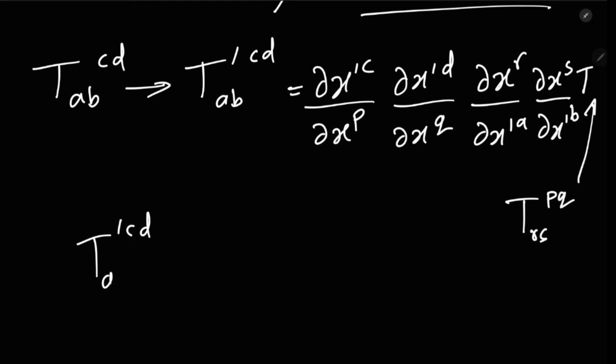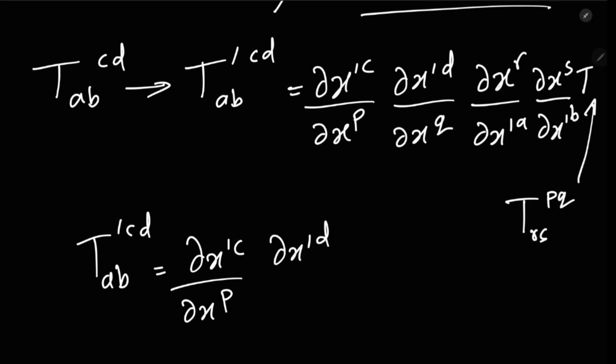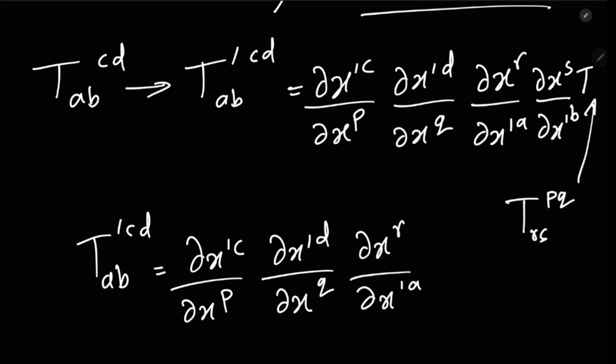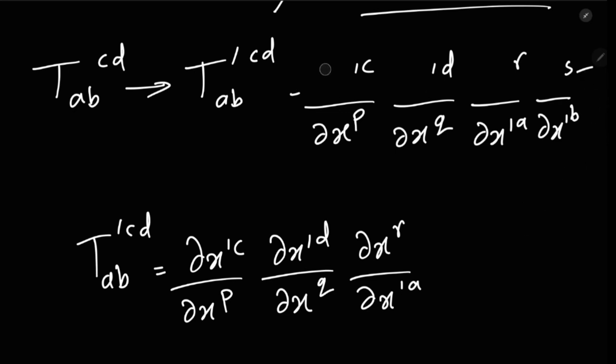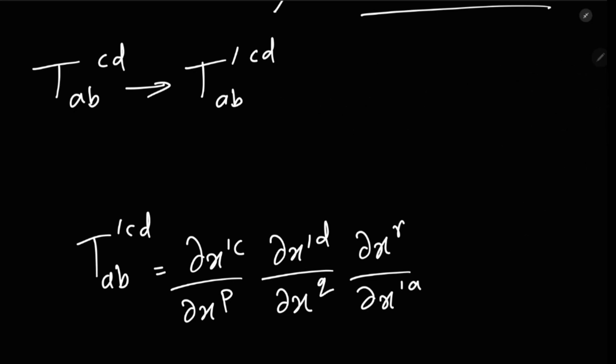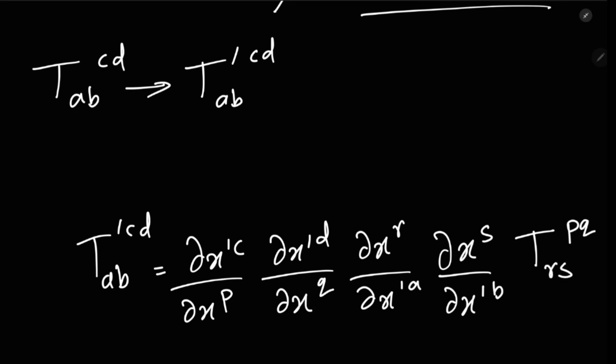T prime CD AB equals del x prime C upon del x P, contravariantly with respect to C and D, into del x R upon del x prime A, del x S upon del x prime B. See the covariant transformation with respect to A and B. And here we have PQ contravariant, and RS.